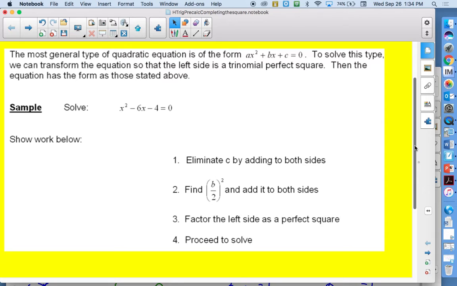All right, so completing the square, not everybody's favorite thing to do, I guess. I prefer it over the quadratic formula for probably 95% of the problems. The quadratic formula is good because if you're solving for x and it can't be factorable, you can use the quadratic formula. However, the quadratic formula is messy because it needs to be simplified.